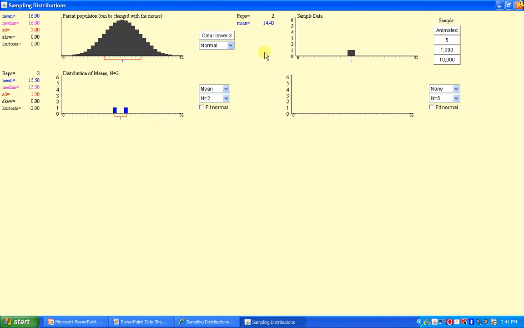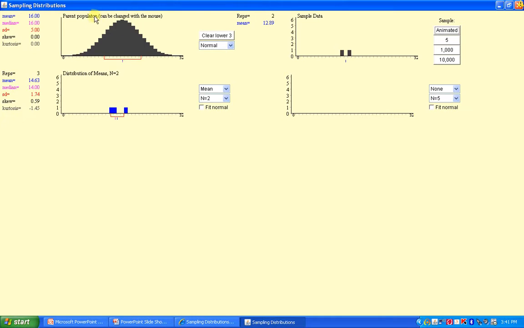Okay, so we've done it twice now. Let's do it a couple more times. We get another mean, and we get that. Now, as you can see, this would take a long time, because what we're trying to do is ask about all the possible means that we could take from this population. If we're pulling from an infinite population, there's an infinite number of sample means.